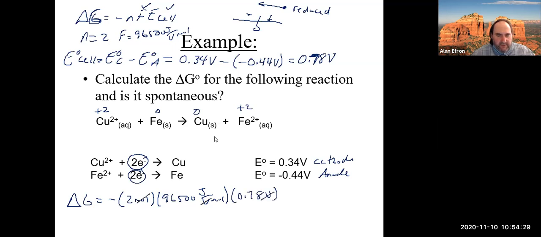Volts will cancel, moles will cancel, leaving us with joules.